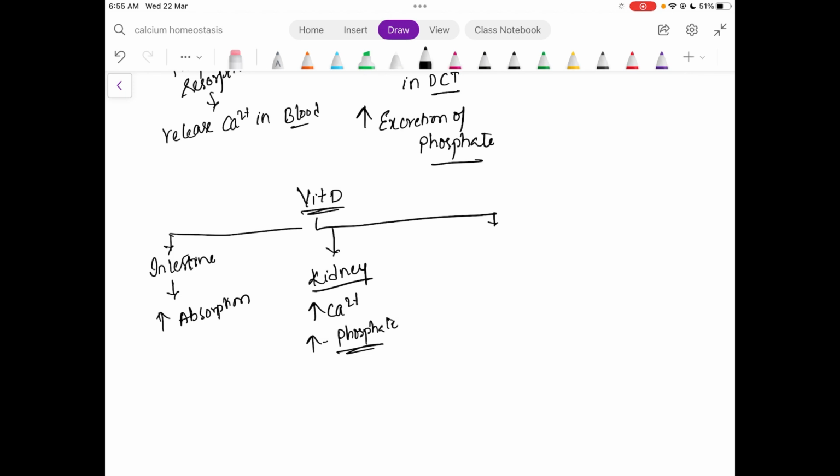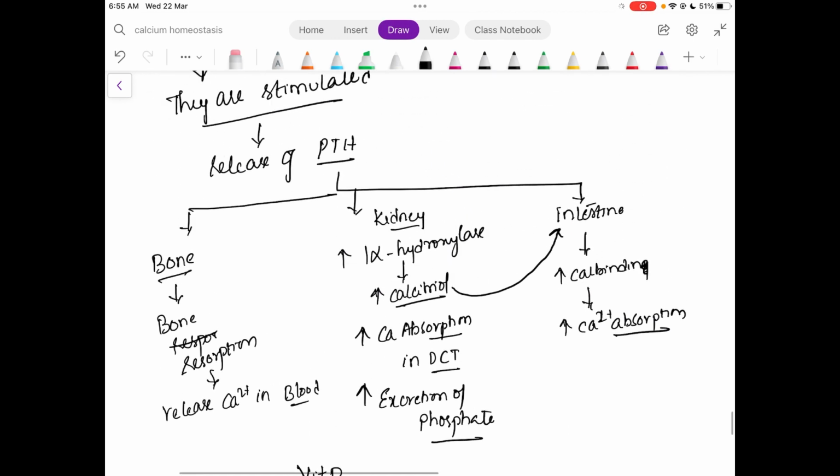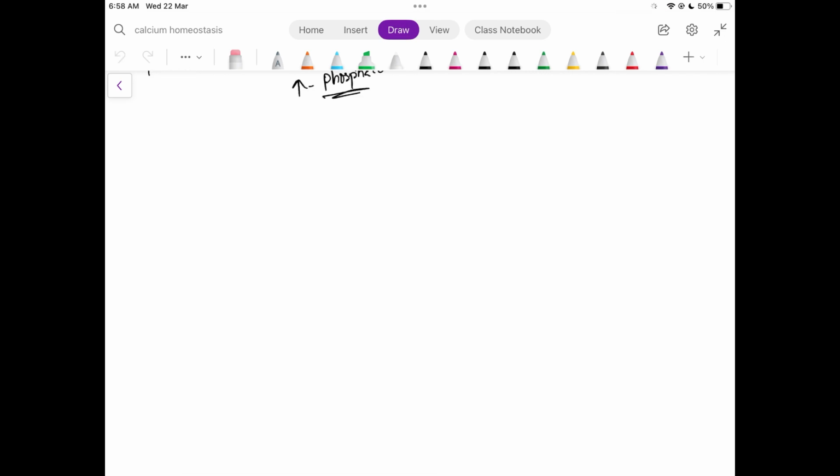This phosphate absorption is opposite to parathyroid hormone. And on bone, they will demineralize bone with the help of PTH. This is how vitamin D and PTH will help in low calcium level.